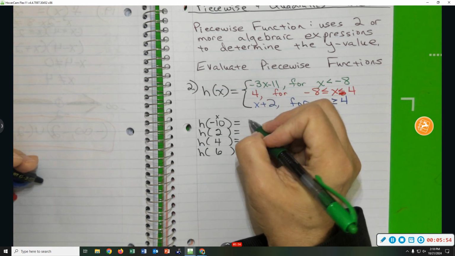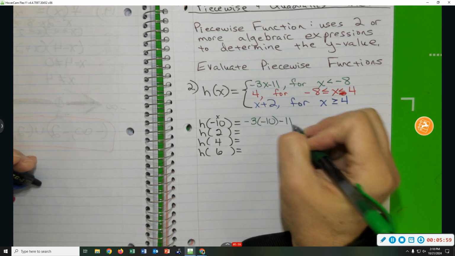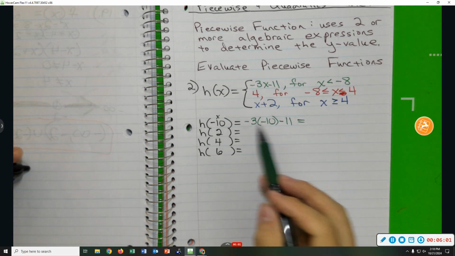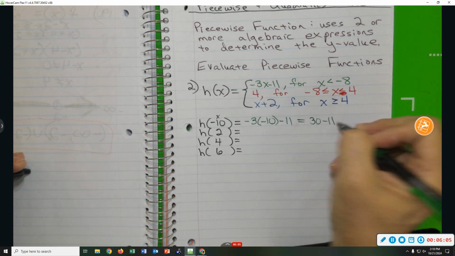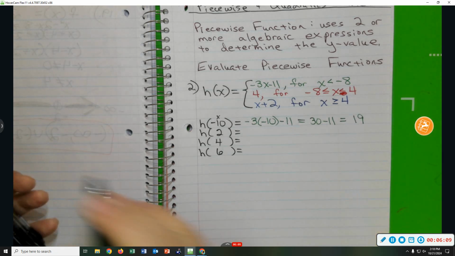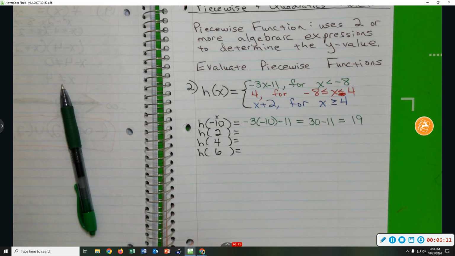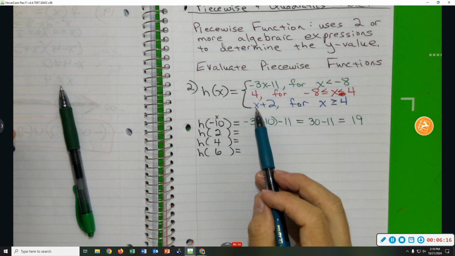Plug in your negative 10. That's negative 3 times negative 10 minus 11. Negative 3 times negative 10, well, we know that's 30, minus 11, we get the y value of 19. Any questions there? You can't decide you're going to plug it in down here.